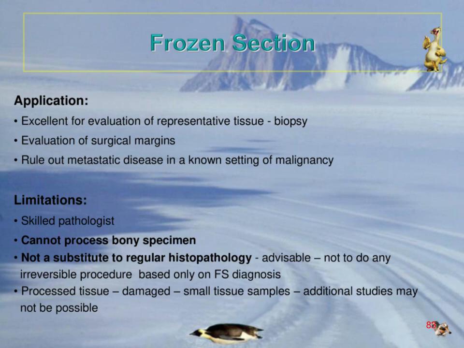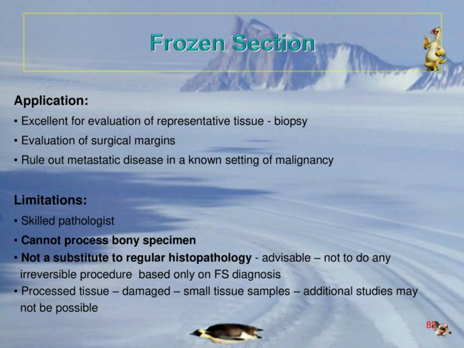Coming to frozen section, it is very important for you to know its benefits and limitations, and therefore its correct application. Frozen section is excellent for evaluation of representative tissue at the time of biopsy. That is to know whether you have sampled tumor tissue or not, when you have a doubt of such nature.